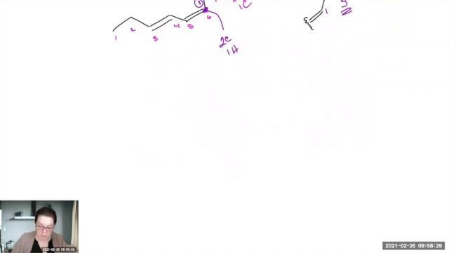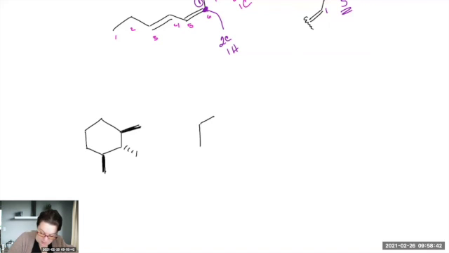So let's take a look at the first one. If we have a cyclohexane where we have wedge, dash, wedge, and we compare that with this one where we have a dash, a wedge, and a dash.